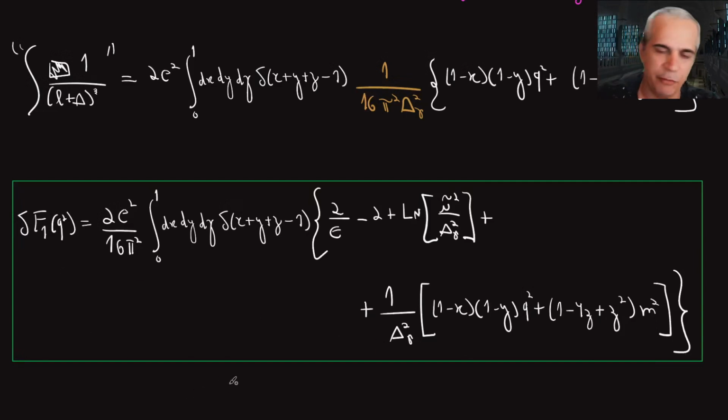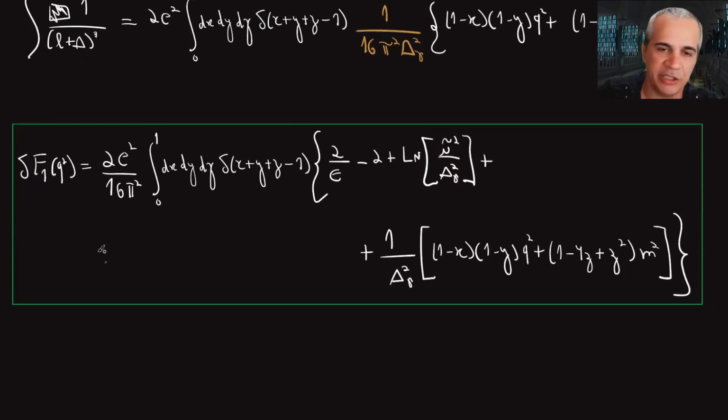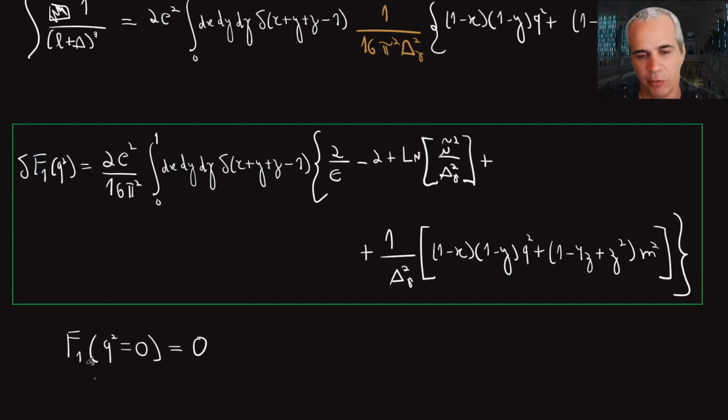And if you remember, the renormalization conditions for F1 demanded that F1 calculated at q square equals 0 should be 0, right? This comes straight from the renormalization condition for the gamma 3 function of QED, right?